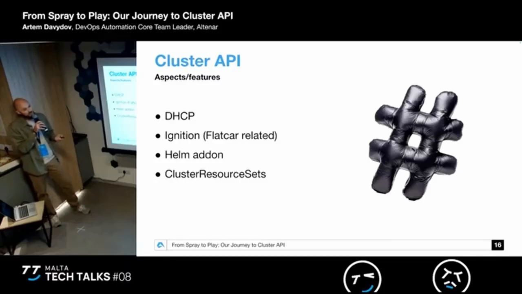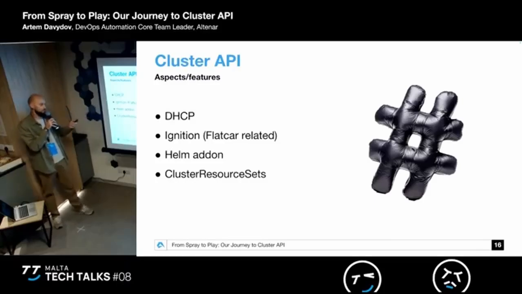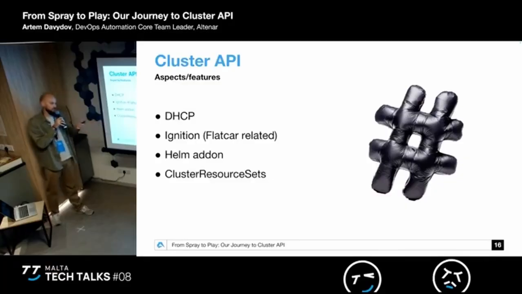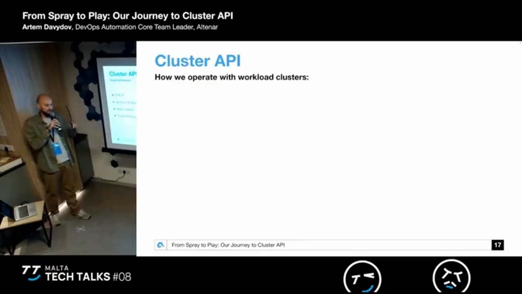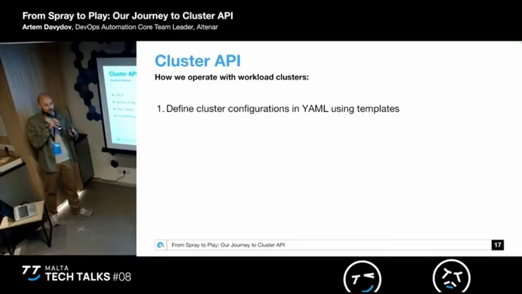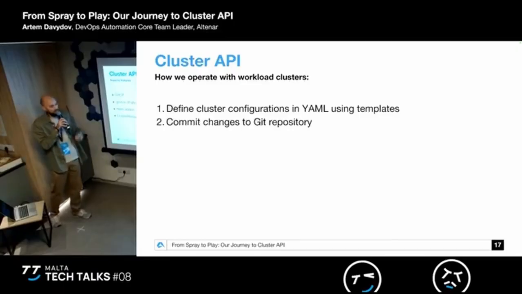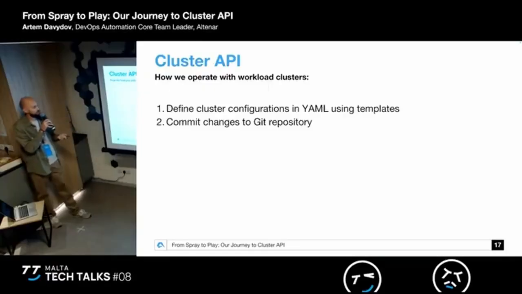ClusterResourceSet is the same as Helm add-on, but it's mostly about raw manifests. So we have raw manifests in the management cluster. For example, it could be SSL certificates, which will be applied in the new workload cluster.